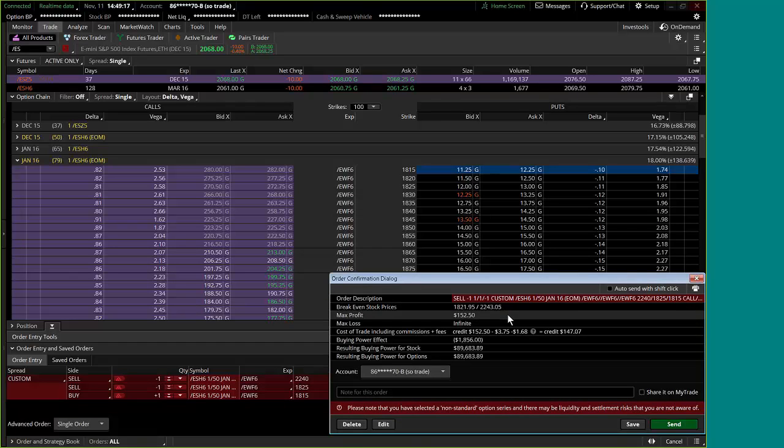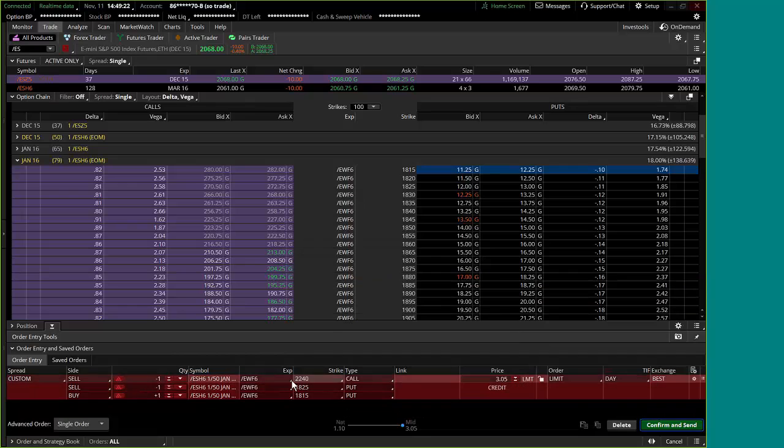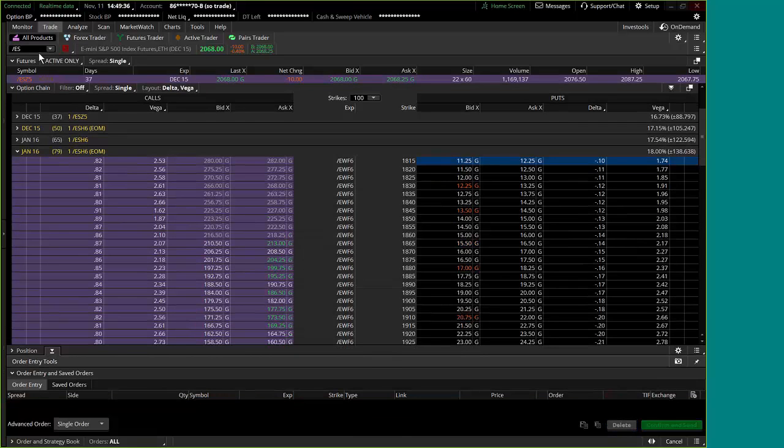It's not half bad. It's $1,800 for a one lot, but this is half the size of the SPX. So it'd cost you $3,800 to do this trade in terms of margin for two contracts. And it's just, again, the same bastardized version of that iron condor.